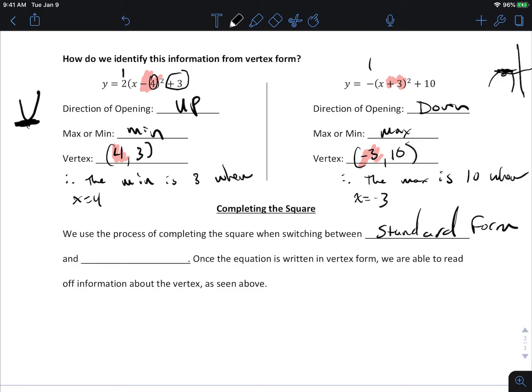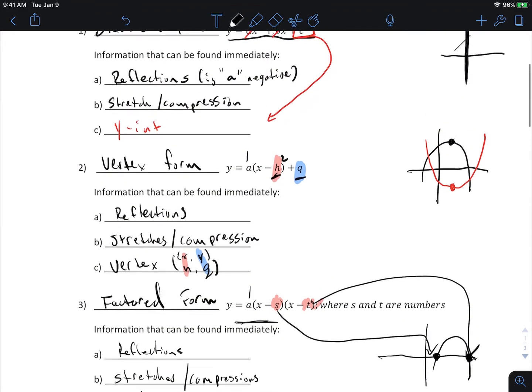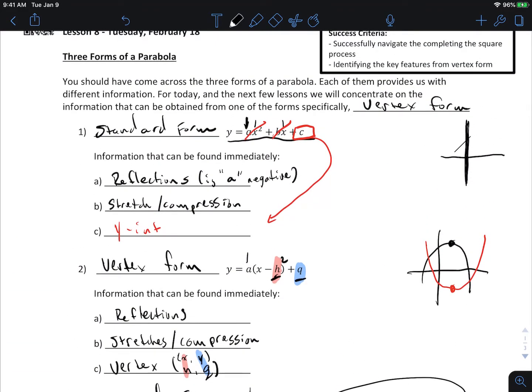So I'm going to get this thing that looks like this, right? Like the very first question here, y equals ax squared plus bx plus c. I'm going to get something like that, and then I'm going to do this process of completing the square on it to make it look like vertex form so that I could read the vertex off.